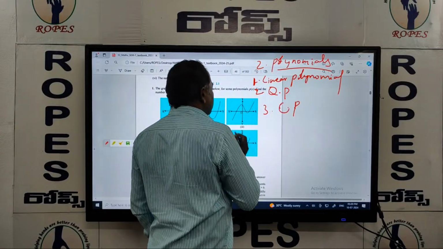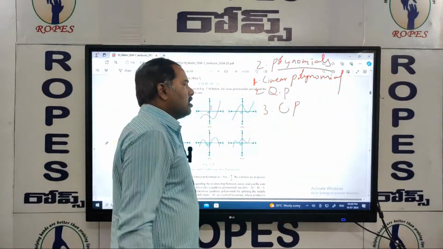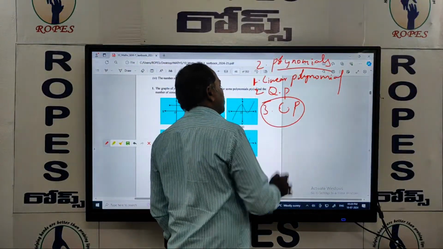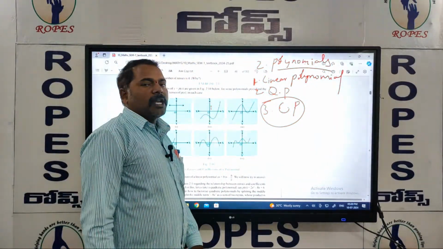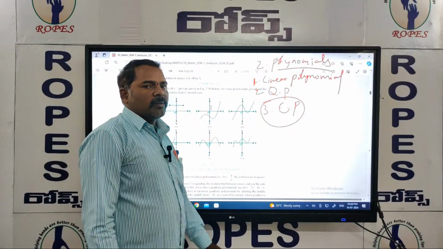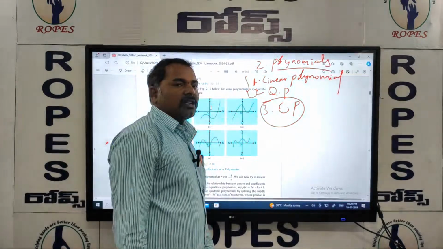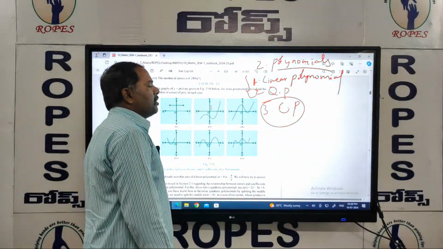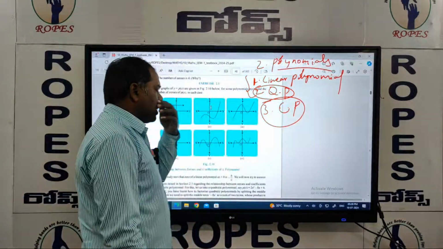In our CBSE syllabus, after the change from state to CBSE, they removed the cubic polynomial. Just one problem is given about the cubic polynomial, and that is also not important for the examination. Now they clearly ask about the linear polynomial and especially the quadratic polynomial.